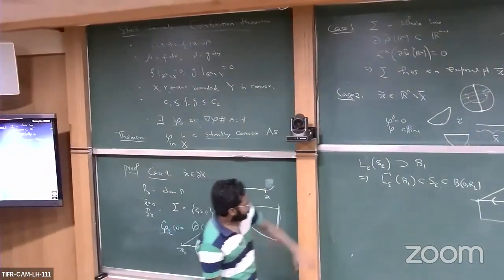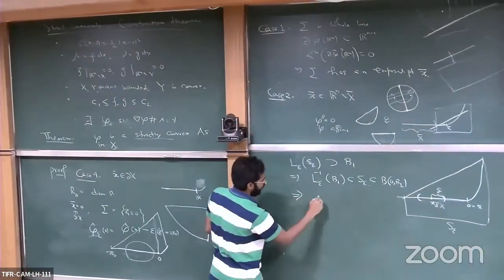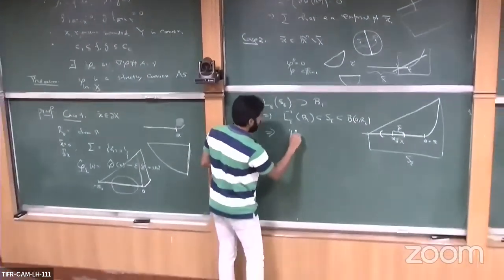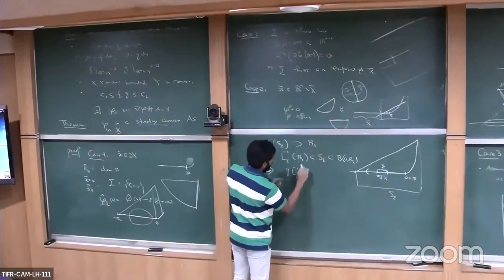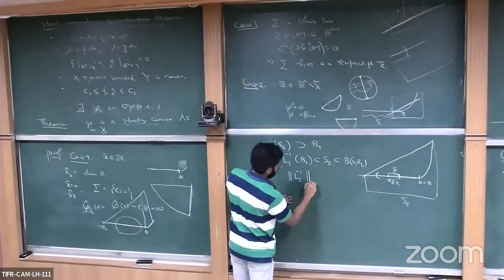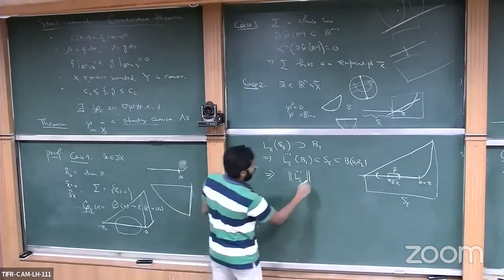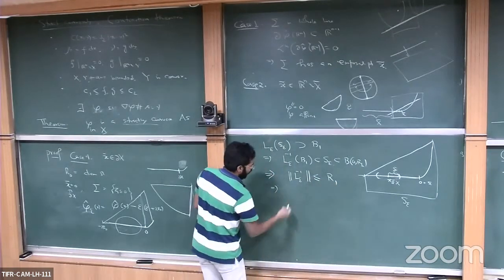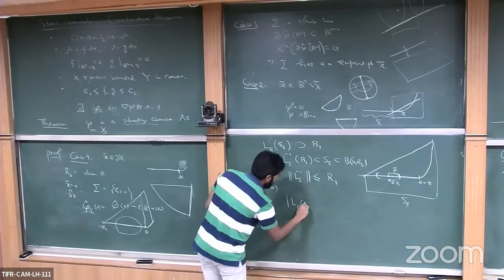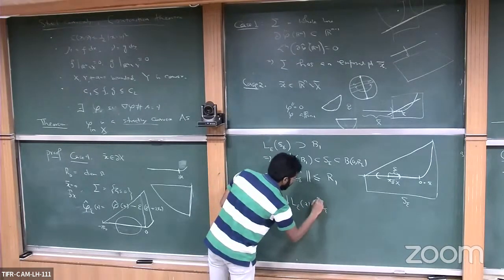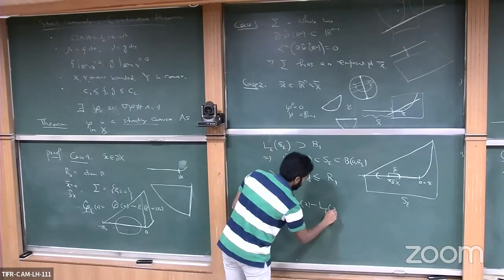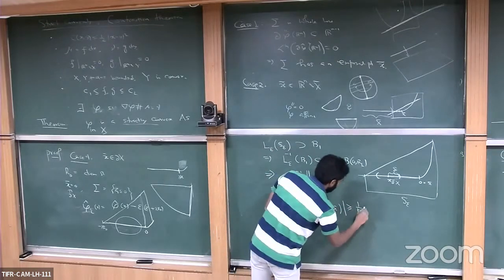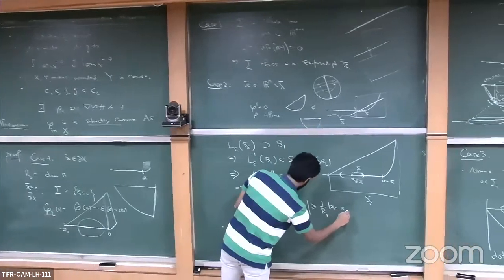Now, this implies L inverse has norm L inverse V1 is less or equal to R1, right? And therefore L epsilon of x minus L epsilon of x bar is bigger equals to 1 over R1 times x minus x bar.